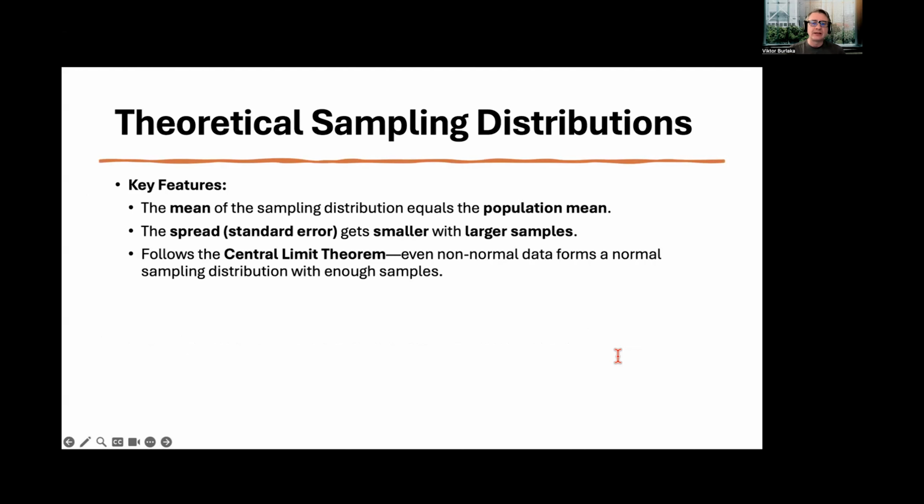Here's what's important. The mean of the sampling distribution is equal to the population mean. The spread, called standard error, gets smaller with larger samples, meaning bigger samples give us more precise estimates. Thanks to the central limit theorem, even if the original data isn't normally distributed, the sampling distribution will become approximately normal as more samples are taken.